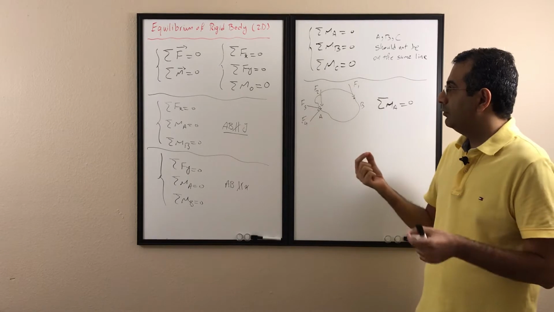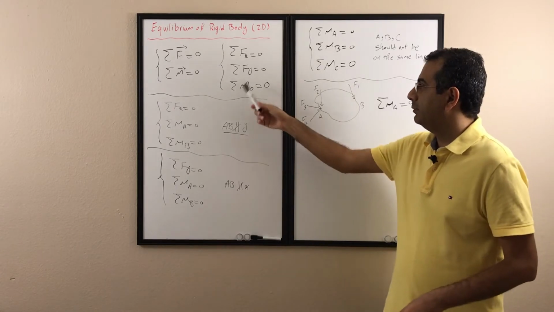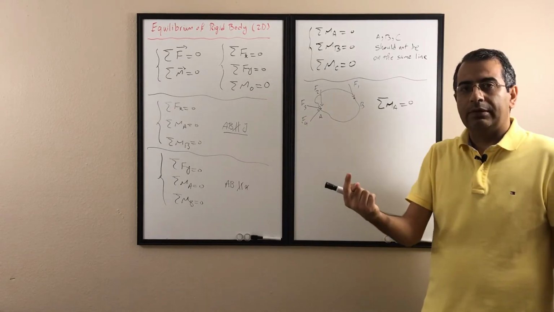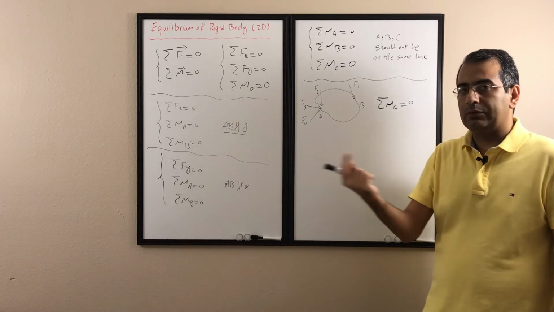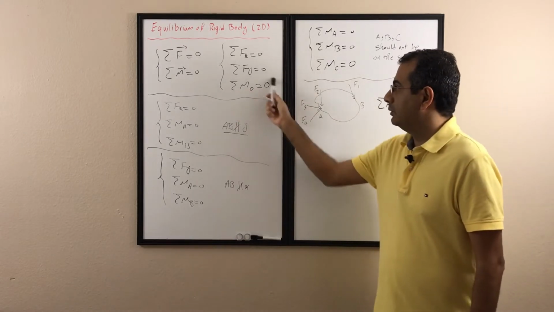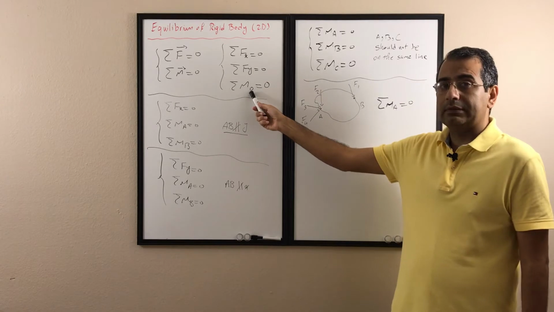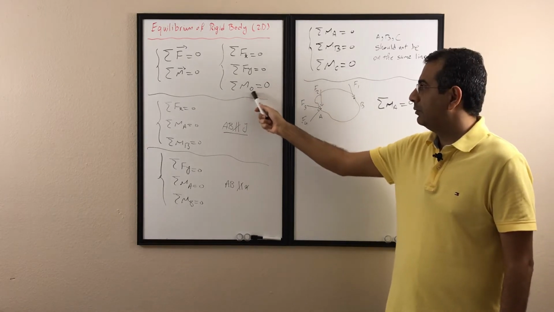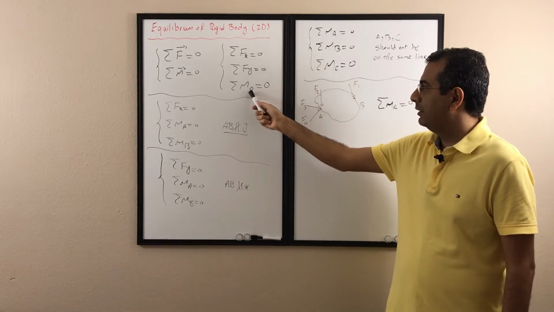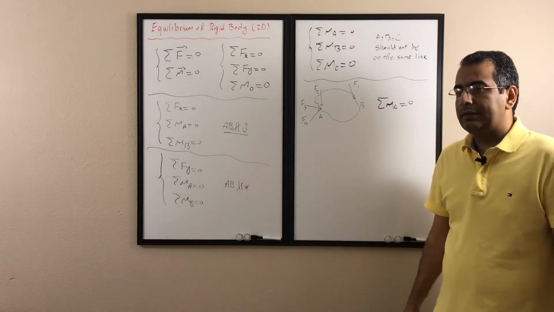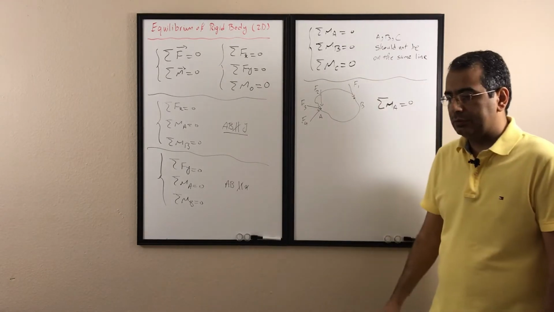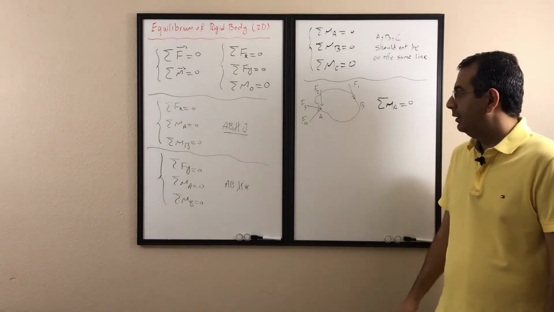If you choose it wisely, in most cases you can eliminate all the unknowns except one, so you end up with one equation and one unknown, and you can get that unknown very easily. So when you have a problem, spend a little bit of time and look at which point would be the best to take to calculate the moment about.